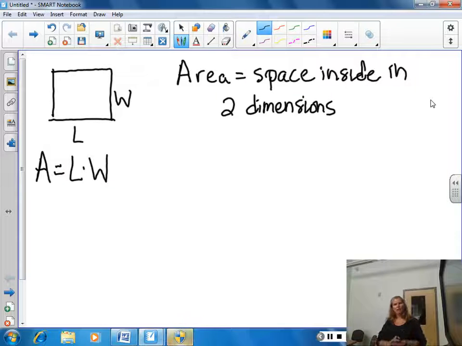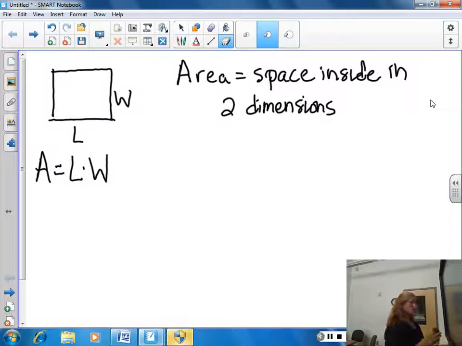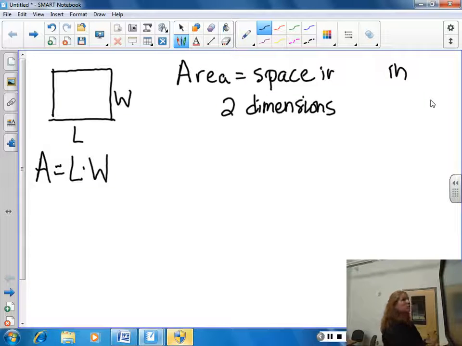I'm talking about the space inside the floor, like if I was going to buy carpet, how much area is there to cover the floor. So for this one I have length and I have width. So if I multiply length times width, I get the area.